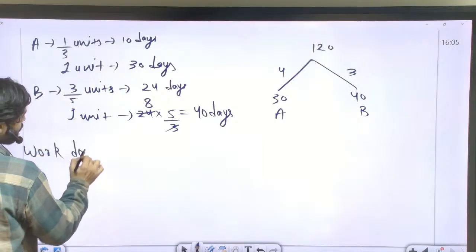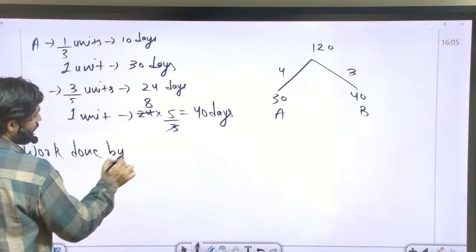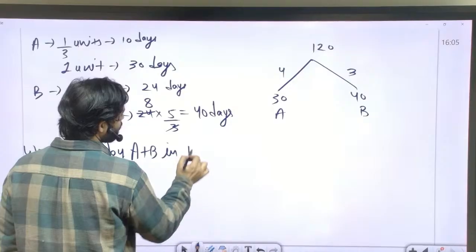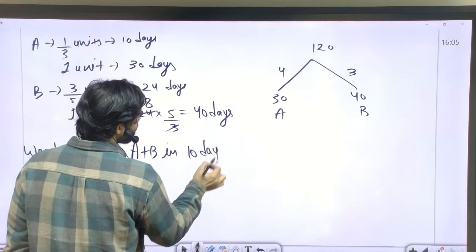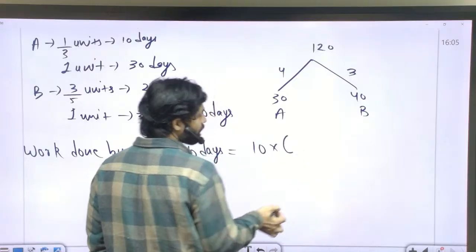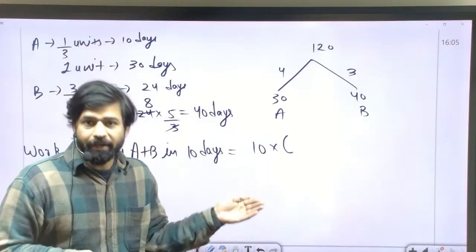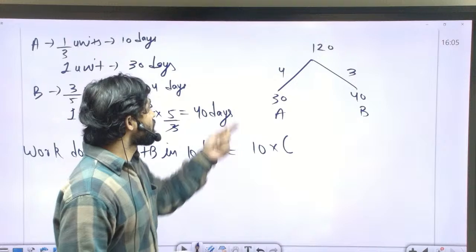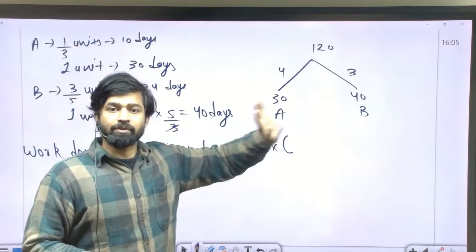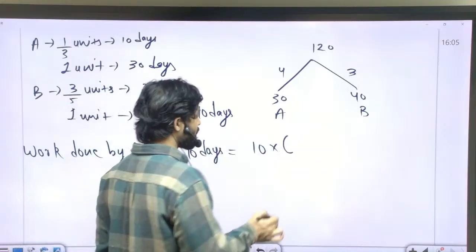Work done by A and B in 10 days: 10 into the combined efficiency of A and B. A does 4 units of work and B does 3 units, 4 plus 3, that is 7.